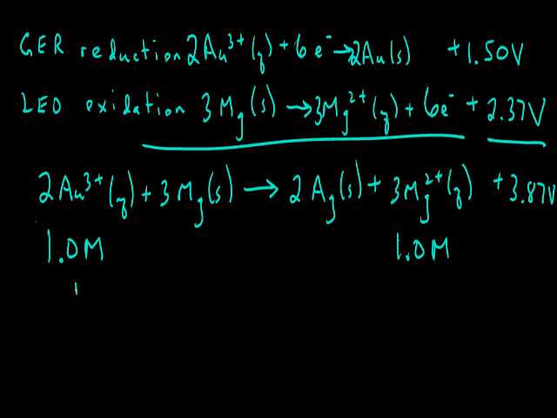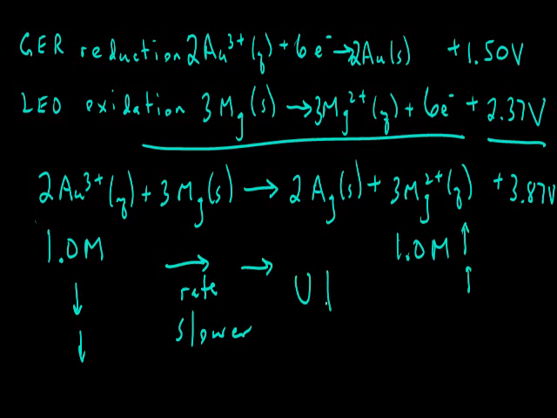Conceptually, as the concentration of the reactant would drop less than standard conditions, that would cause the rate of the reaction in the forward direction to become slower. Additionally, if the concentration of the product builds up at the same time, that would also inhibit the reaction going in the forward direction. As the rate in the forward direction would go slower, the voltage of the cell would actually drop.